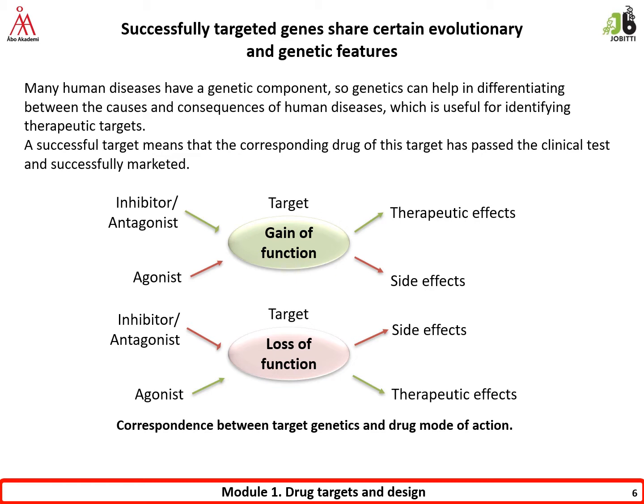From this simple scheme, one can see the correspondences between genetically caused changes in target function, which can be a gain of function or loss of function, and drug mode of action, such as stimulation or inhibition, that lead to therapeutic and side effects.